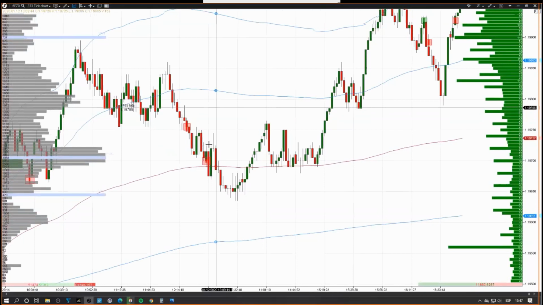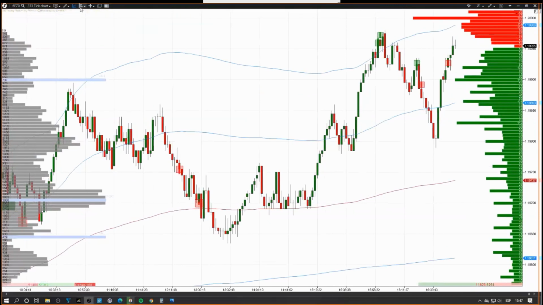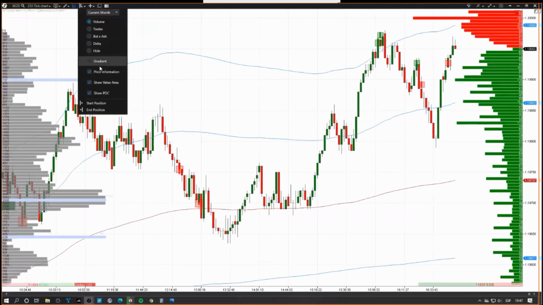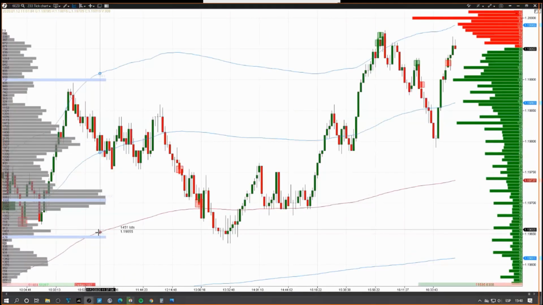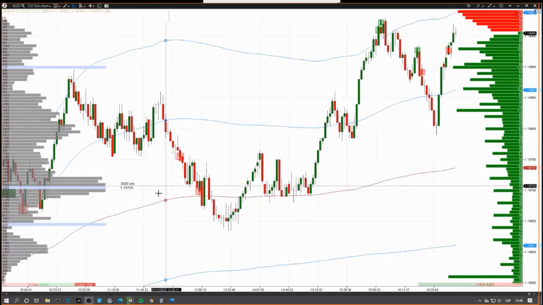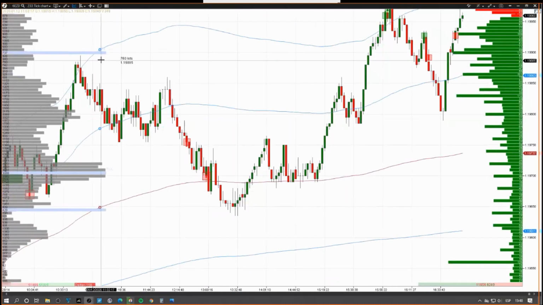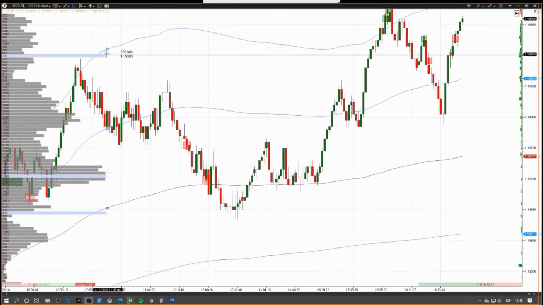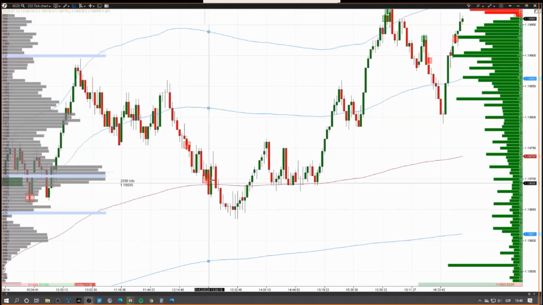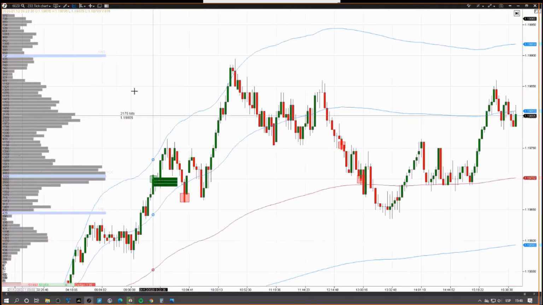And we can also see here, I have activated in my chart the value area low and value area high. What this means is that in my case, 75% of the trades were made between these two prices. So it's where the price has been most traded between these two lines, and the most traded price is the point of control.